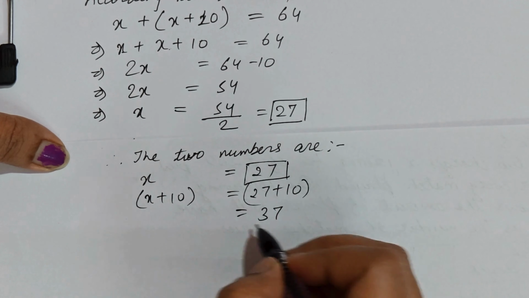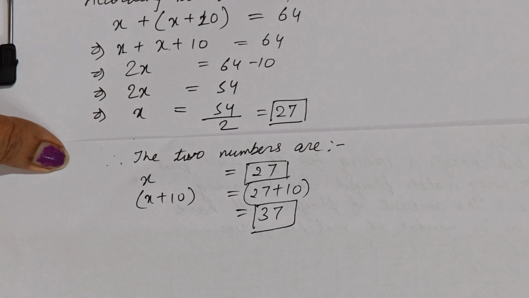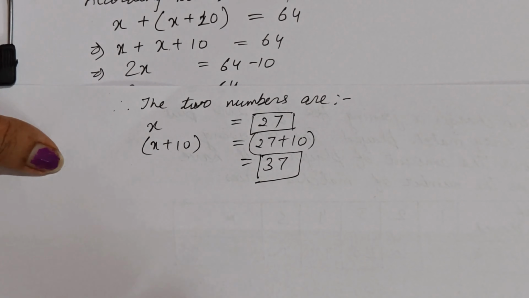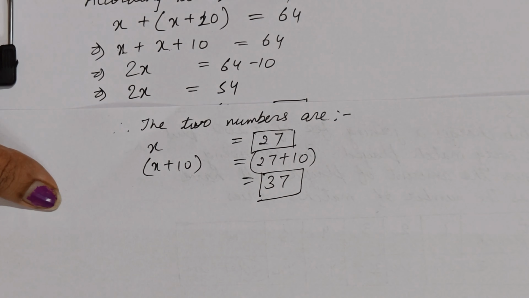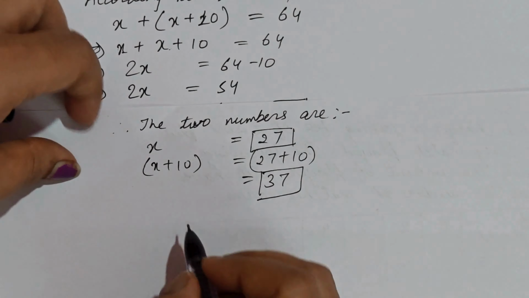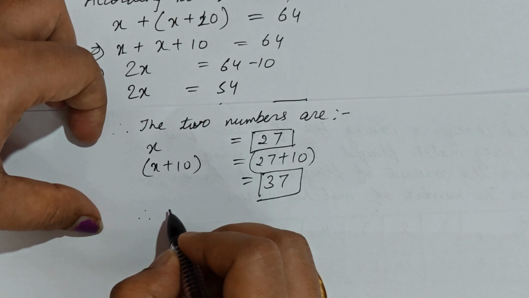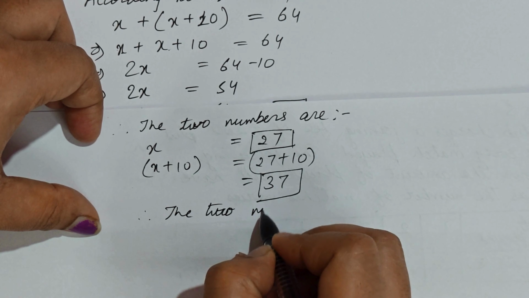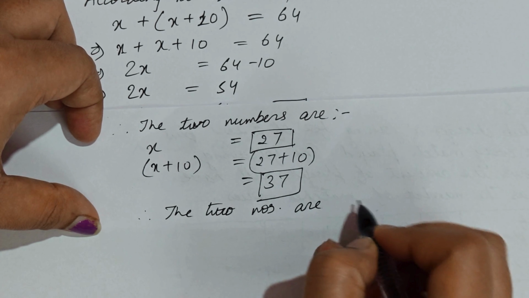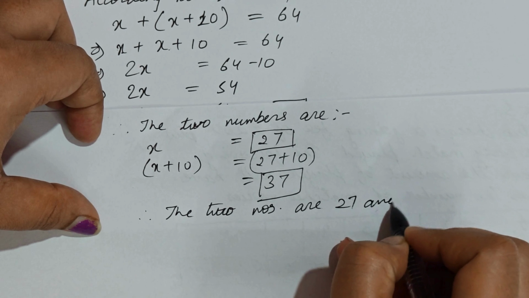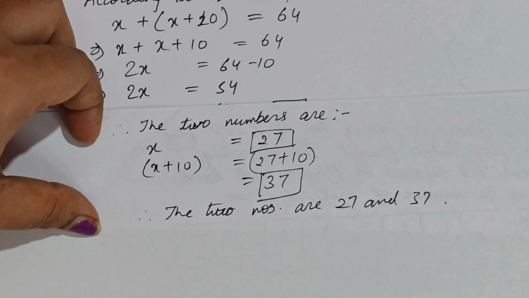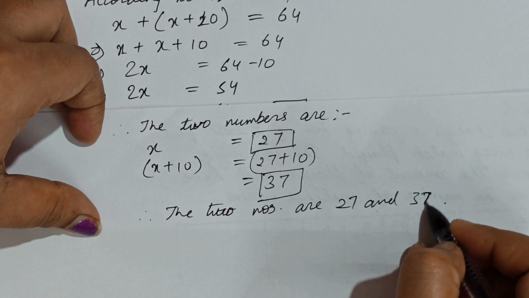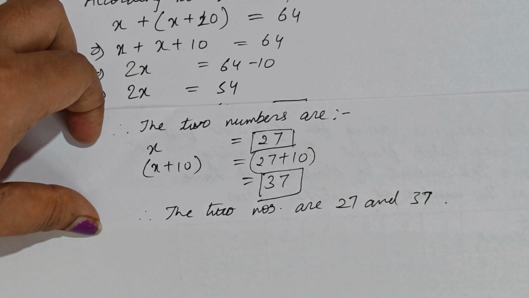So two numbers are 27 and 37. Okay. You need to write the final answer also. So therefore two numbers are 27 and 37. Okay. Thank you. I think you have understood.